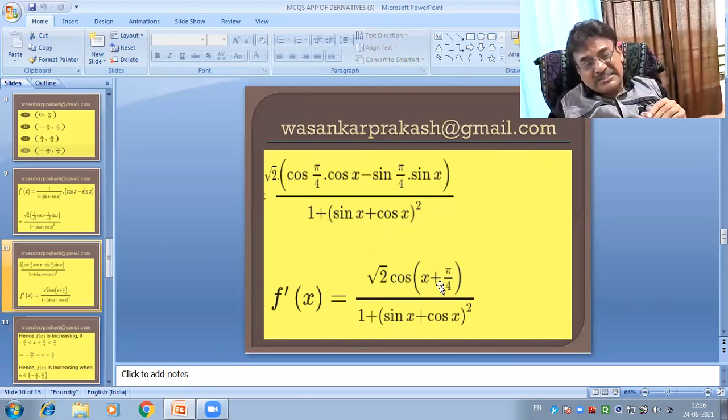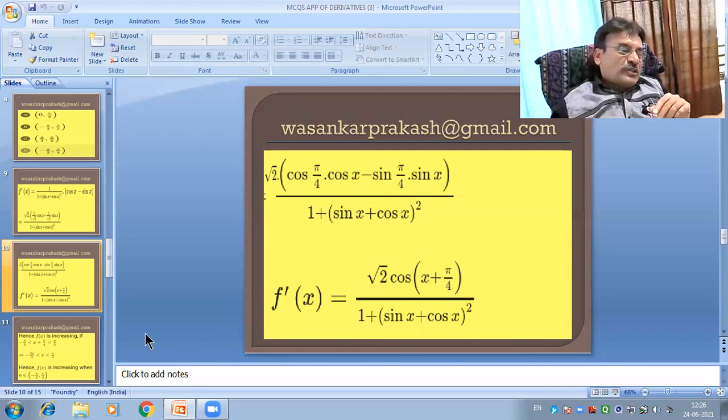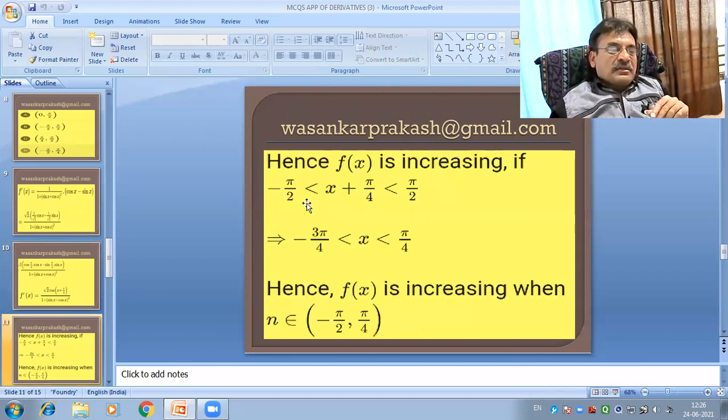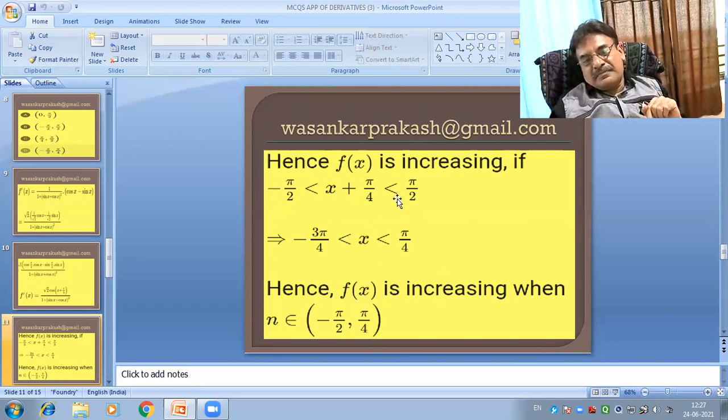Therefore, this x plus pi by 4 lies between minus pi by 2 and pi by 2, by using the range of the tan inverse function. So we use minus pi by 2 strictly less than x plus pi by 4 less than pi by 2, because the function is increasing.